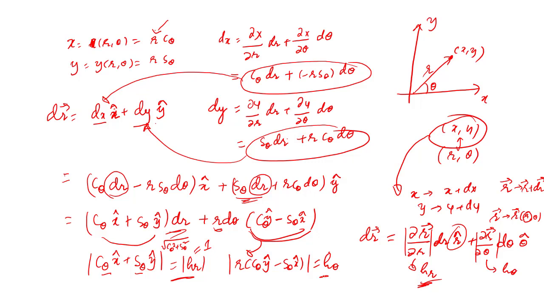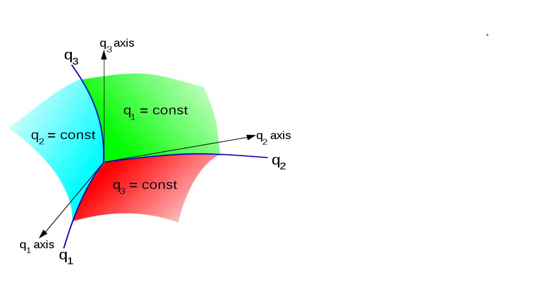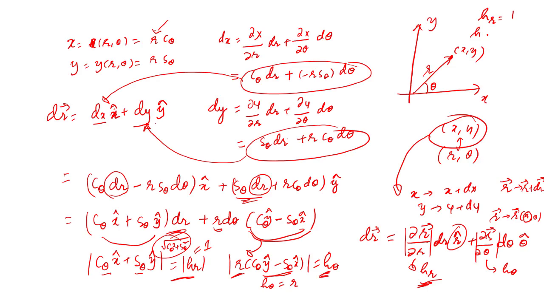But in case of h_theta, you have an r dependence. In case of h_theta, you have r, and this cosine theta sine theta would still give you 1. So just like this, you would get h_theta to be r. So in terms of polar coordinates, we have h_r to be 1 and h_theta to be r.